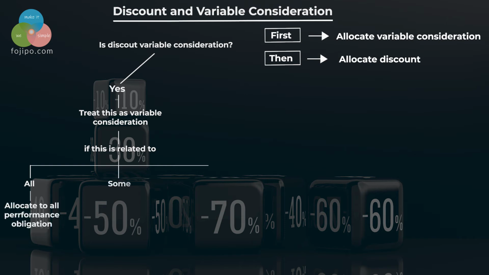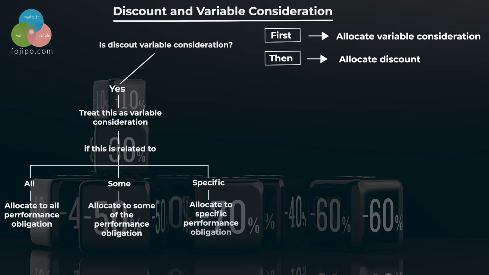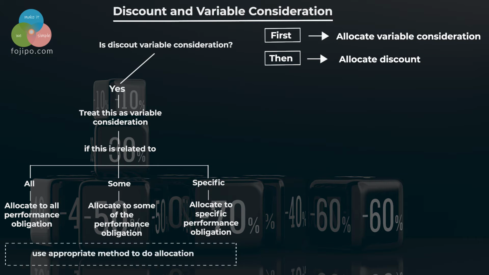If it is related to some of the performance obligations, then it should be allocated to the performance obligations which it relates to, and if it is related to only a specific performance obligation, then it should be allocated to that specific performance obligation only. You need to do this allocation using an appropriate method, meaning here you will need to make some judgment to decide upon the most appropriate method.